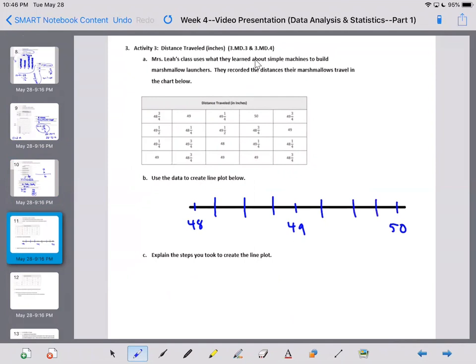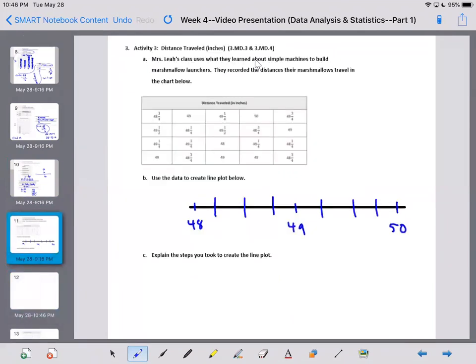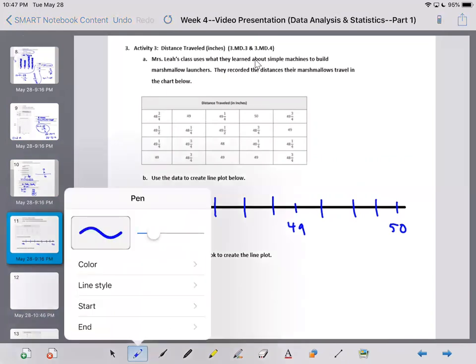So now what you're doing is you're figuring out each of these: 48 3/4, 49 1/2, 49 1/4. So what you're going to do is plot everything that you see. I'm just going to plot this in a different color.